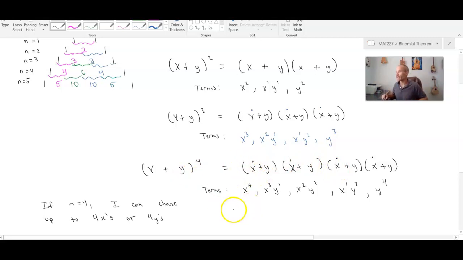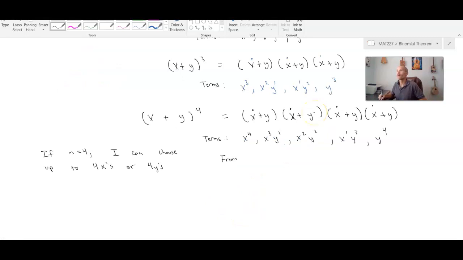So I'm going to say that I can choose from 4 terms, I can choose 4 x's, or analogously another way of saying that, and I'm going to write it this way, from 4 terms, choose 0 y's. Okay, so from 4 terms, how many ways is there for me to choose 0 y's?